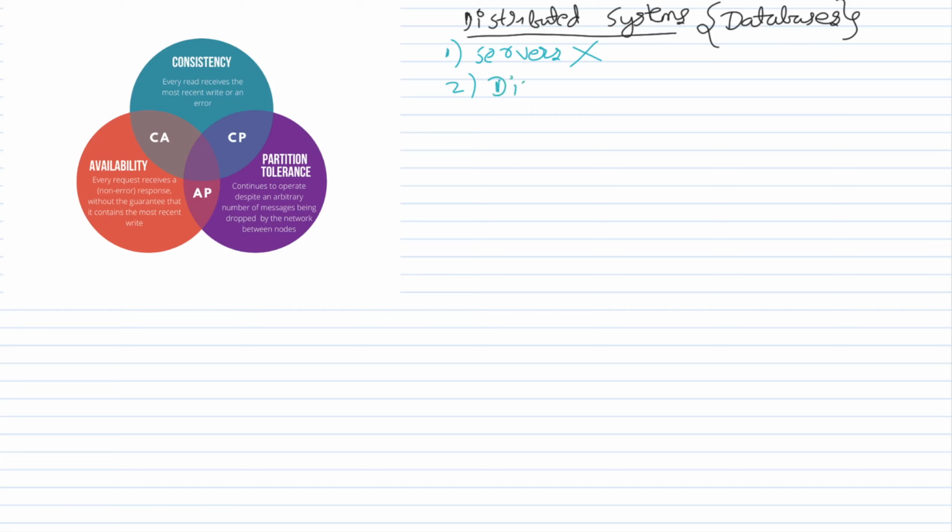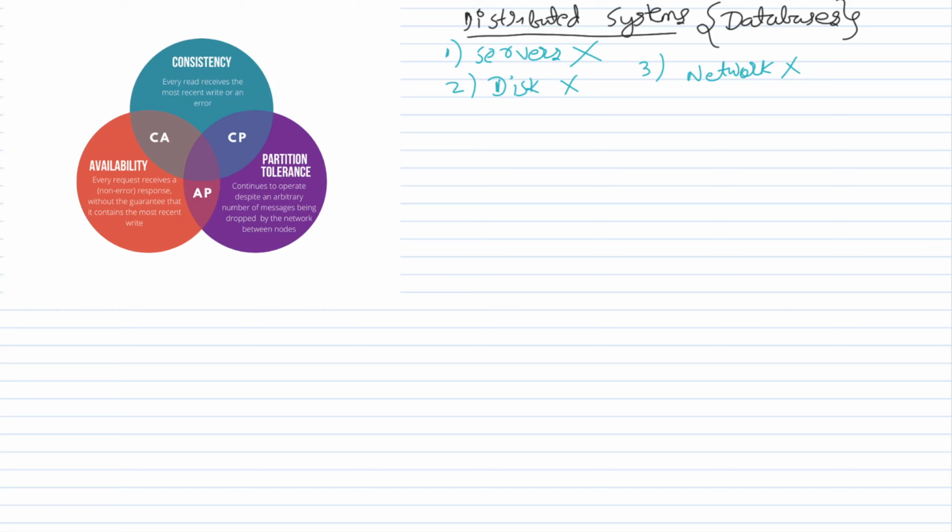Another thing is that there can be communication failure between nodes, or network failure. These things will make your system inaccessible. So how can a distributed system get the maximum out of whatever resources it has? This is what CAP theorem talks about.